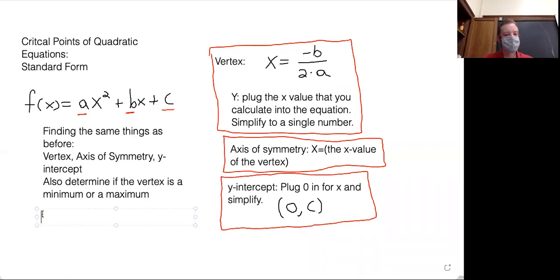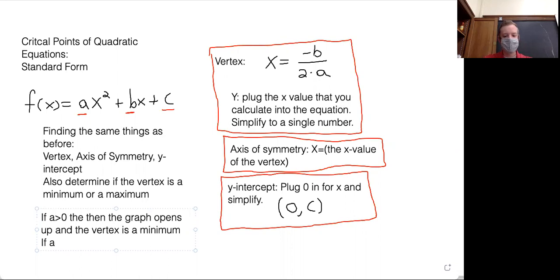So if A is greater than 0, or positive, then the graph opens up and the vertex is a minimum.